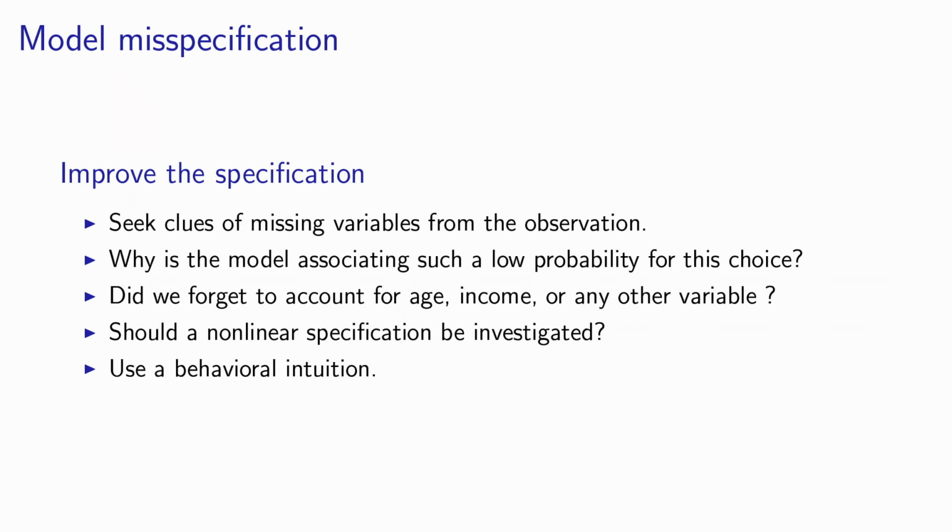By looking at specific individuals in specific contexts, you try to understand why the model is performing badly in this context, and you use your behavioral intuition to improve the specification. So this is more of an art than a science, but this is the most exciting part of modeling, trying to improve the model in order to explain better the observed behavior.